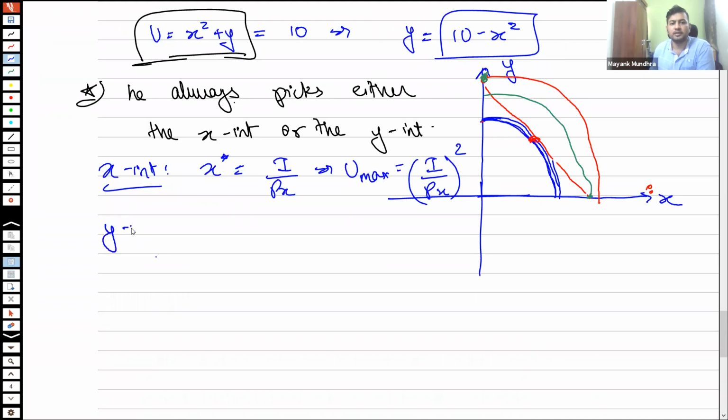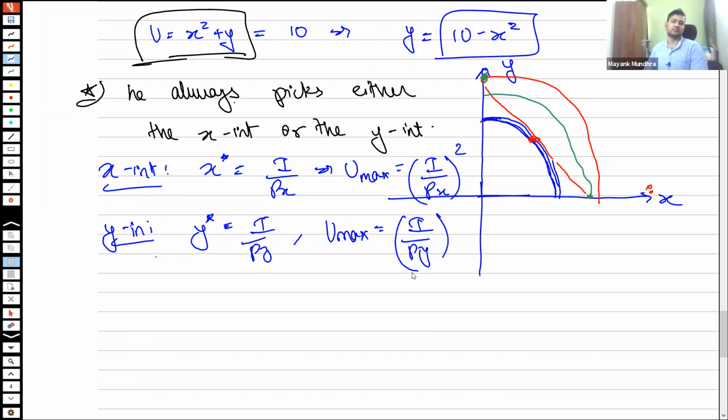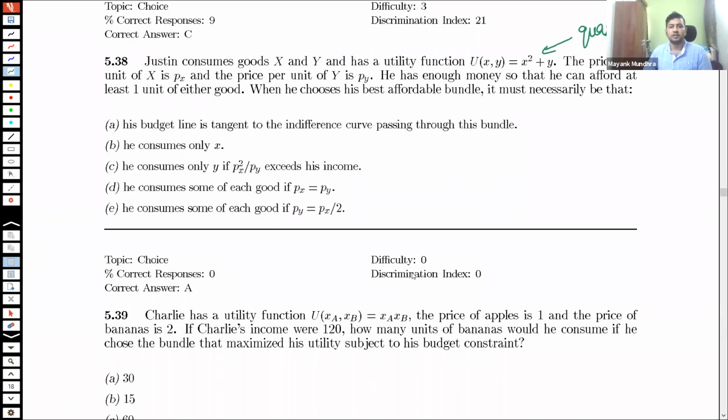And if he picks the y-intercept, he will pick y star equals I by py. So the value of utility that he'll get is I by py. Now, which value is larger will decide what he does.